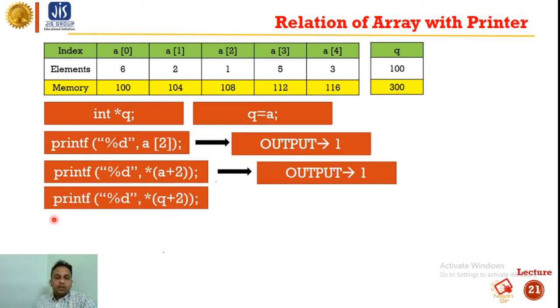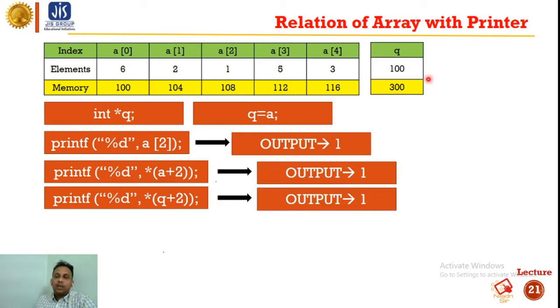So for q plus 2, what will be printed? q means base address, that is 100. The value of q is 100. So 100 plus 2 is not 102.